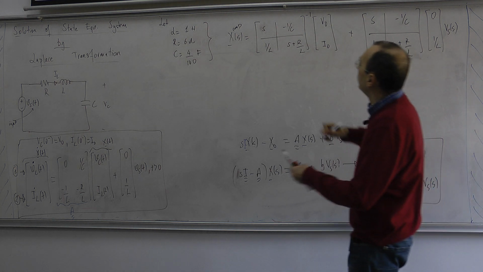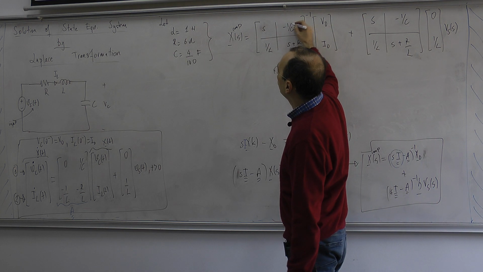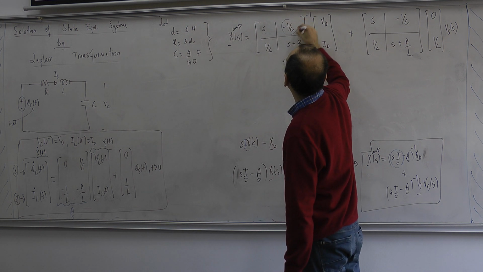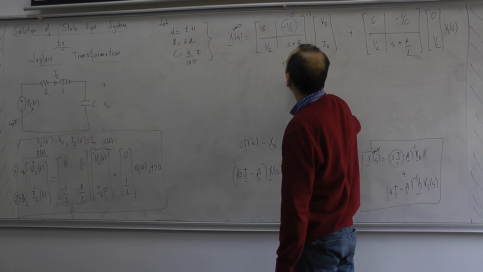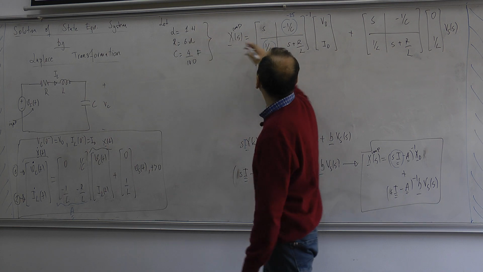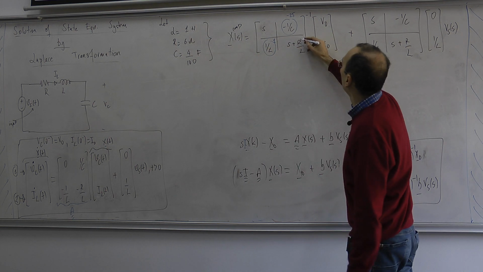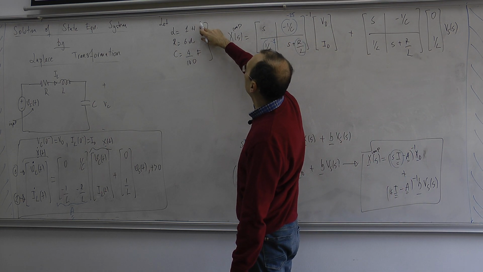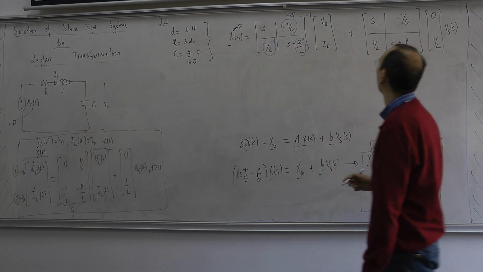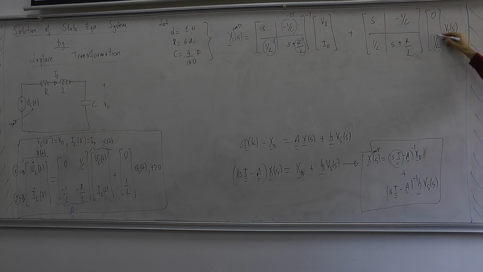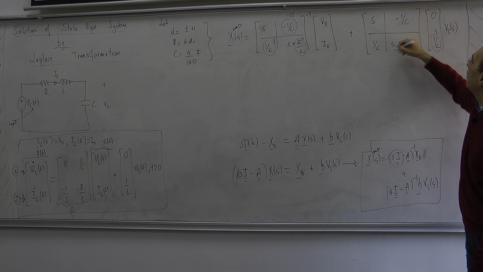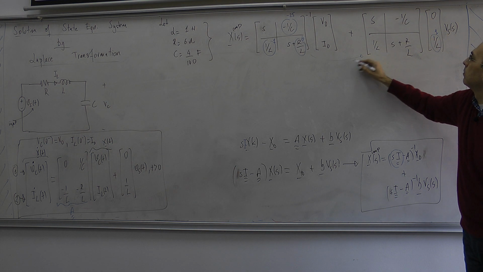So what are the numerical values? Well, C is equal to 4 over 100, so 1 over C gives me minus 25 over here. So this is equal to 1. R over L is equal to 6. I have something like this. 1 over L is equal to 1. Well, this is the same matrix.